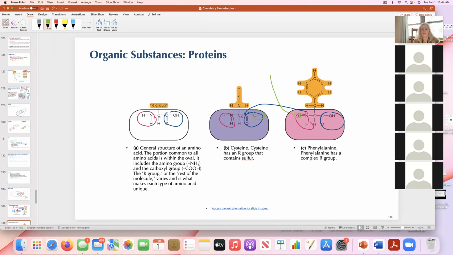We're going to boot off our water. We're going to condense. And then we're going to have our new bond form there.